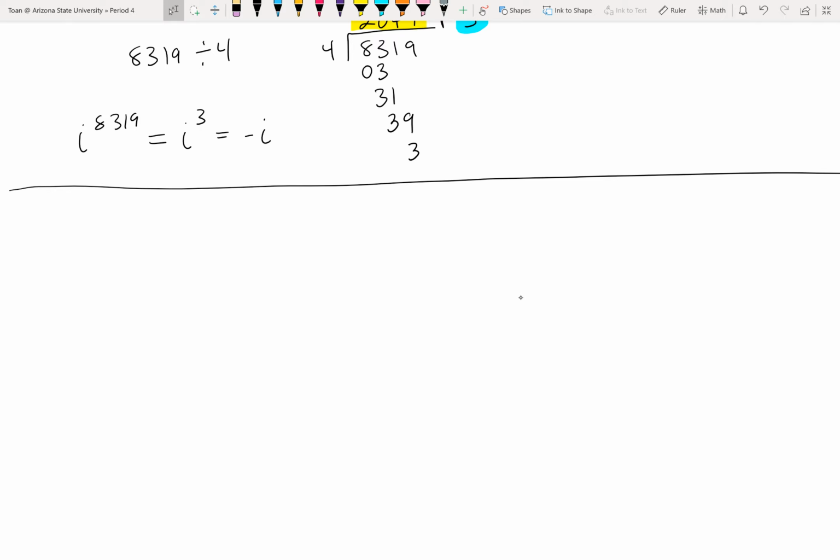So, we know how to add, we know how to subtract, we know how to multiply complex numbers. That's just adding, subtracting, multiplying polynomials. Dividing is its own separate beast.